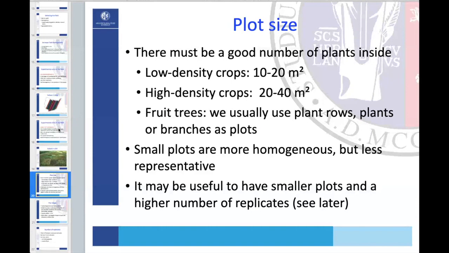In some cases, we make smaller plots, but we increase the number of replicates. So instead of making 4 replicated plots of 40 square meters, we make 8 replicated plots of 20 square meters. That's a possibility, which we decide at any time.